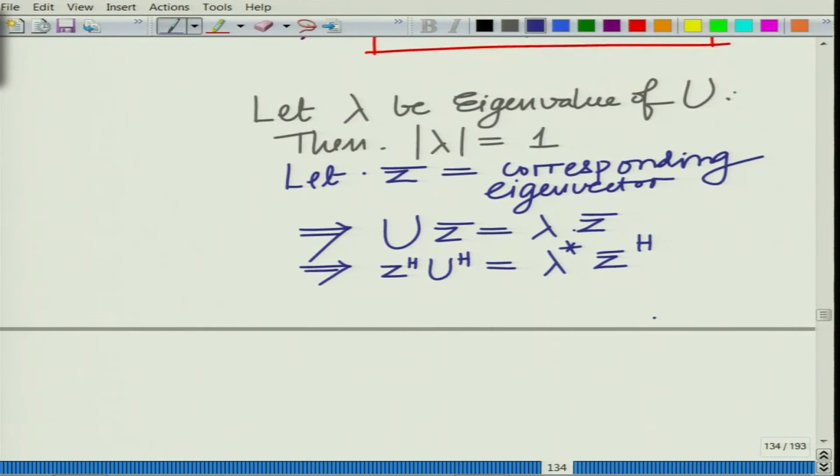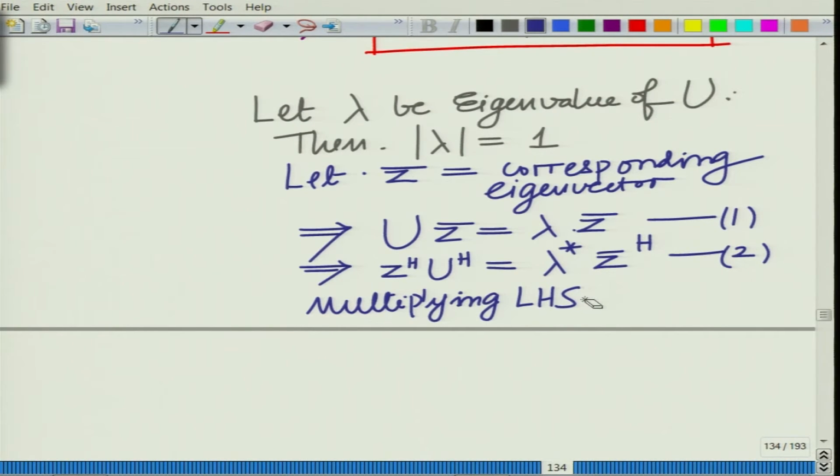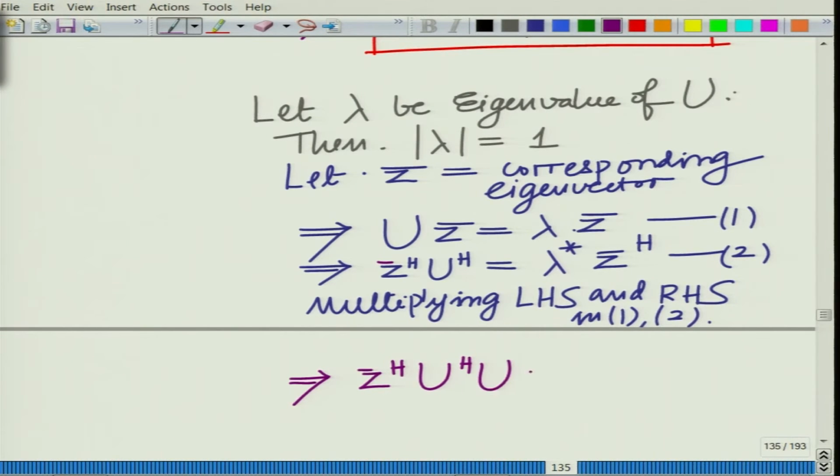Now, multiplying left hand side and right hand side in 1 and 2, we have Z bar Hermitian U Hermitian U Z bar equal to lambda conjugate Z bar Hermitian Z bar into lambda.